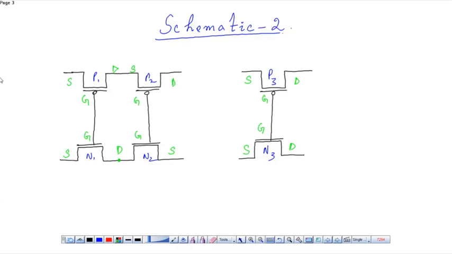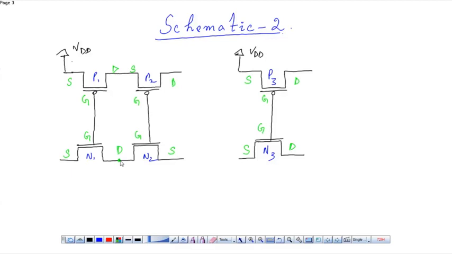Now this source is connected to VDD. This source is also connected to VDD.